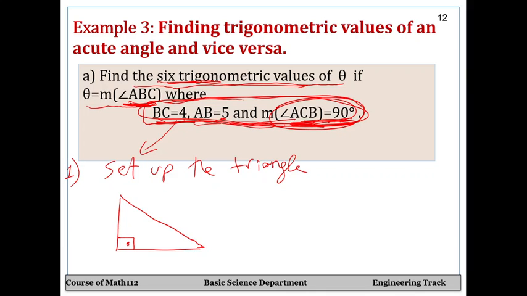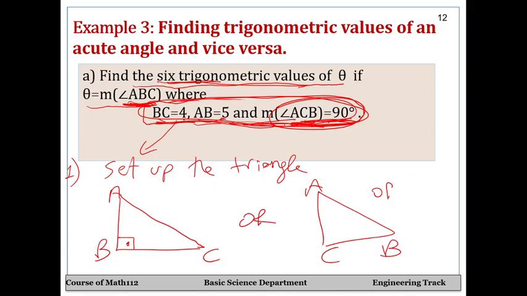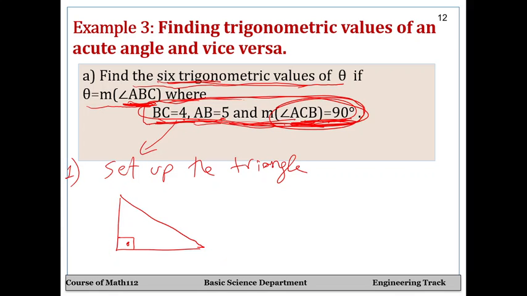But the important thing here is this: is it like ABC, or is it like ACB, or it might be like BCA, or different ones. We can have different orders of ABC, ACB. Now, the key information here is this one.